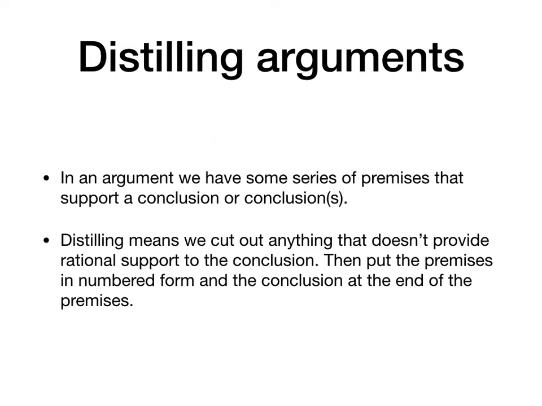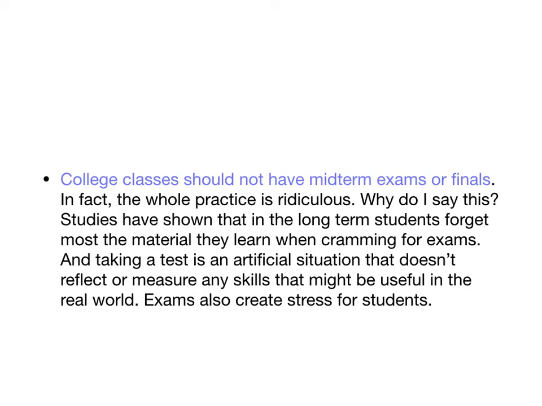So let's go through an argument step by step to see how we distill it. The first step for distilling an argument is to identify the conclusion or conclusions, right? These are short passages, so it's pretty easy to do. Longer passages might be more challenging. But when you want to distill an argument, ask yourself, what is the conclusion the person is trying to establish?